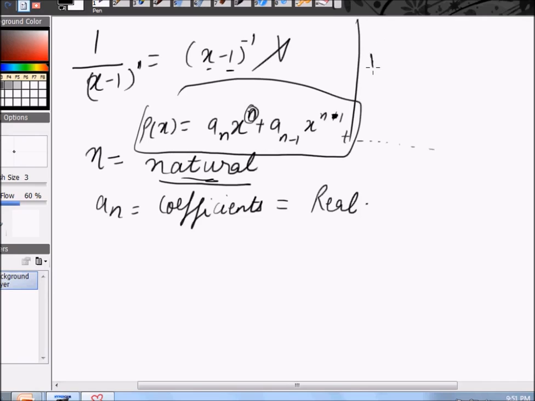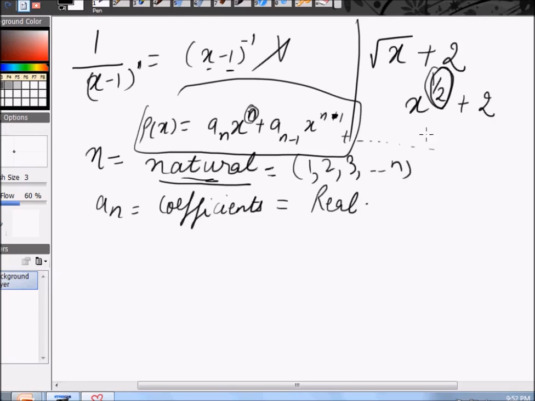Similarly, another example: square root of x plus 2. Here square root of x is nothing but x raised to power 1 by 2, plus 2. Now this power is again not a natural number, that is, it is not in the form 1, 2, 3, etc. Therefore it is also not a polynomial.